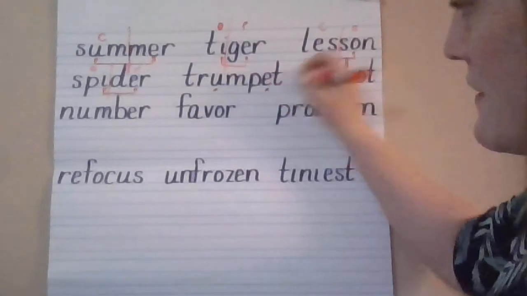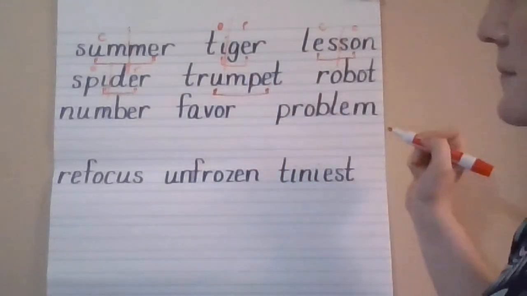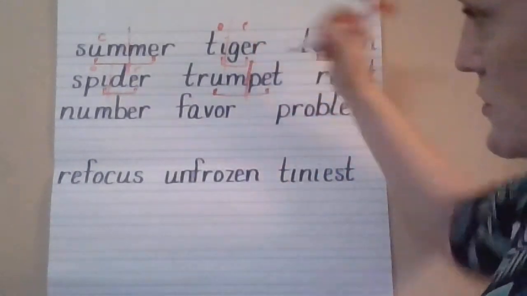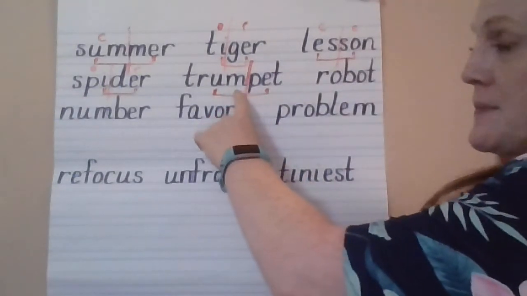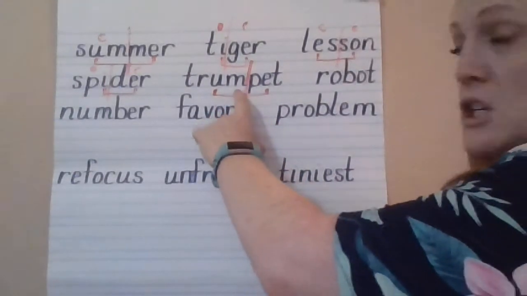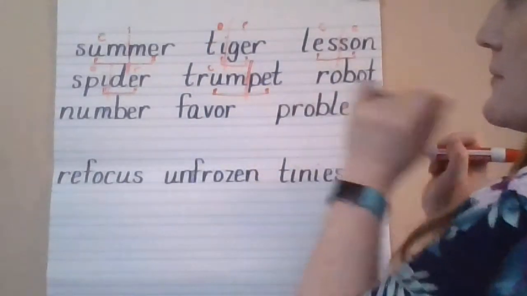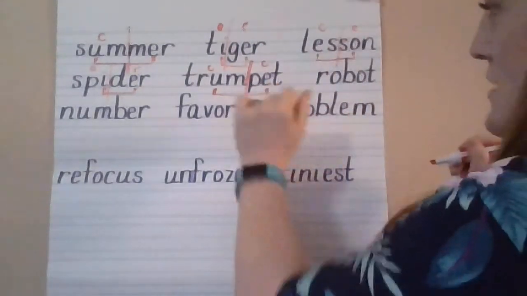Vowel, vowel. I have 2 consonants. I'm going to break it between those 2 consonants. What kind of syllable is this? It's closed because it ends with the consonant, so that U will be short. What kind of syllable is this? It is also closed, so that E is going to be short.